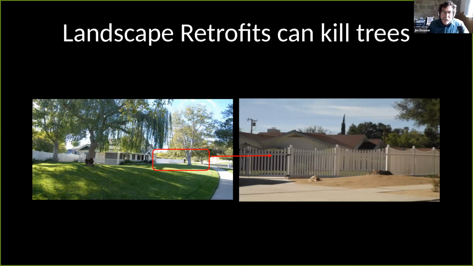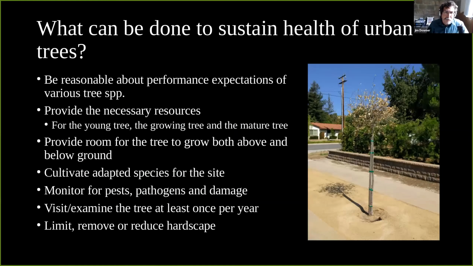And so what can be done to sustain the health of urban trees? I think we have to be reasonable about the performance expectations of the various species. And that reasonableness changes in time. You should already note, if you've been a webinar attendee, that the nursery stake is on this newly planted oak.